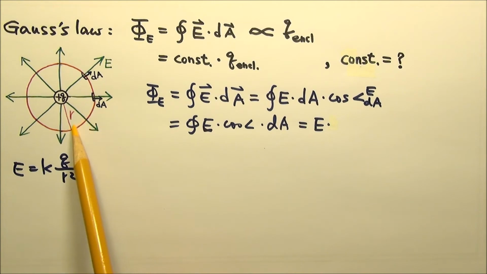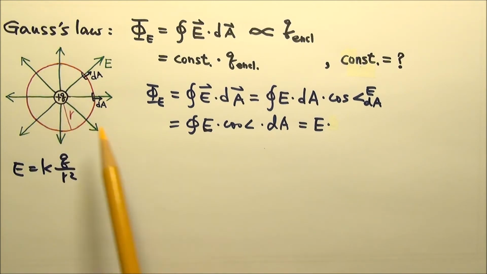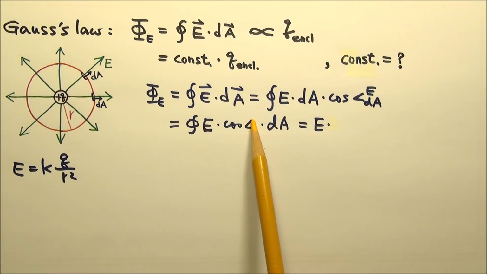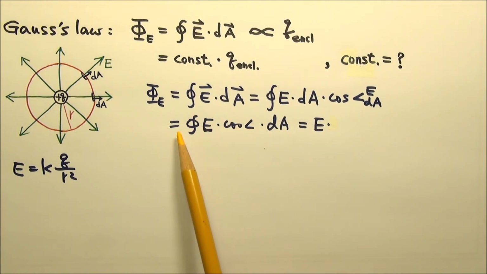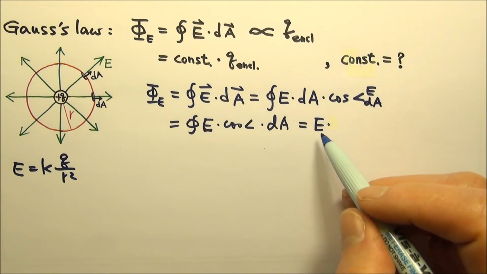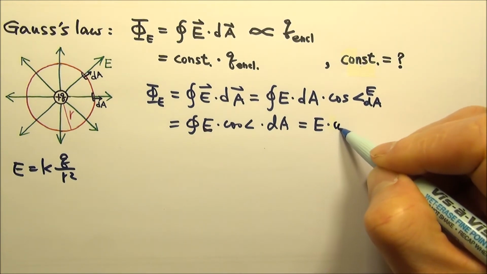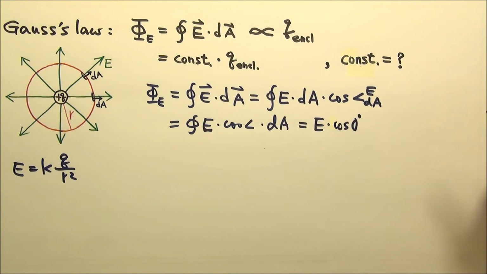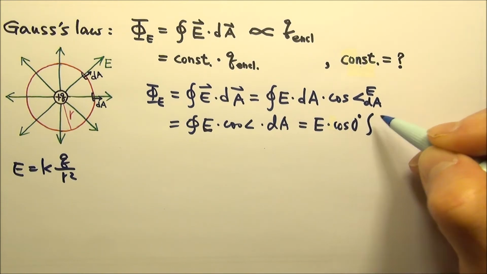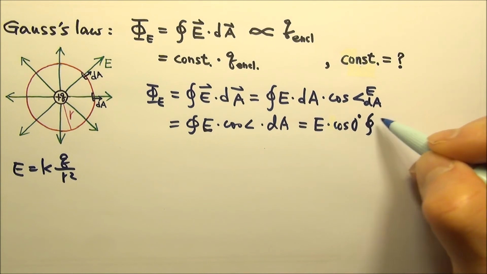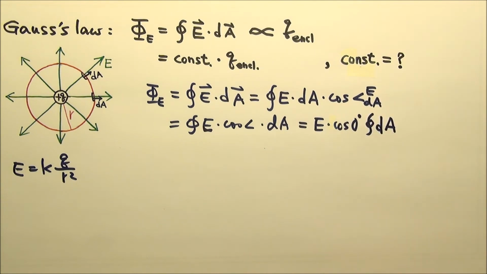If we look at any dA around the surface, we get the same 0 degrees, which means cosine 0 degrees is a constant we can take out as well. So now we have E taken out, and the cosine 0 degrees taken out, and all that's left in the integral is the closed integral of dA.